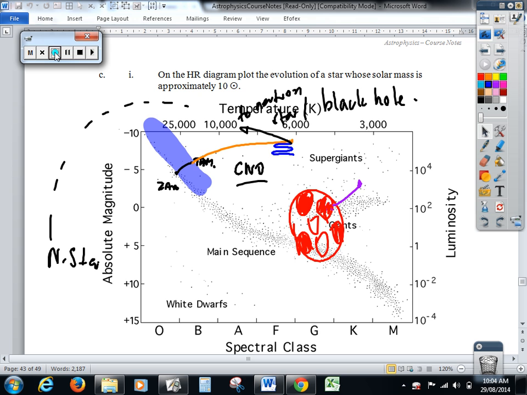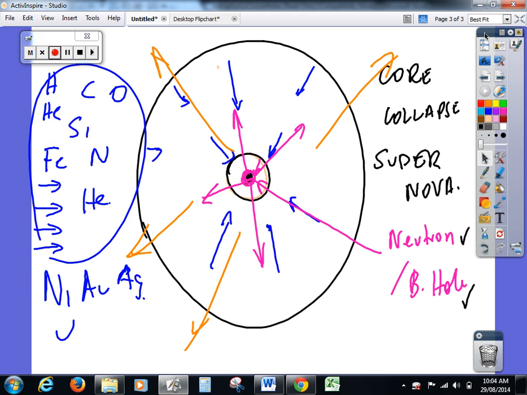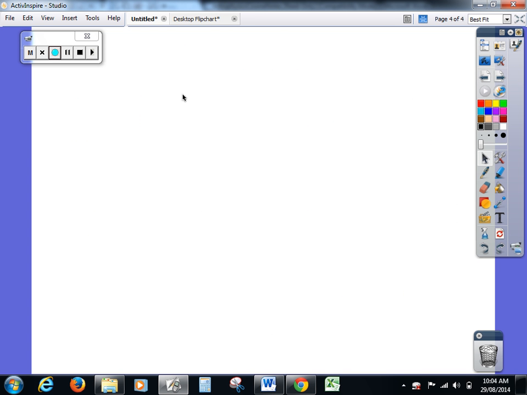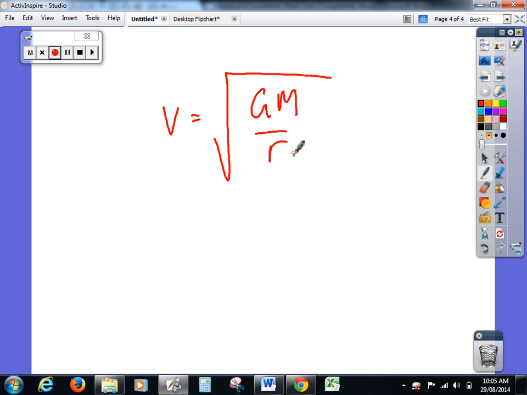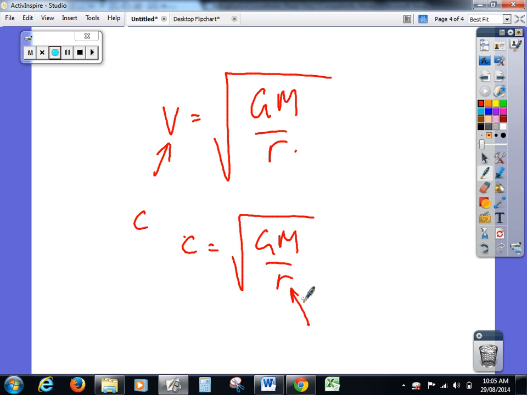If the centre of the star has a mass such that this equation is that V becomes C, the speed of light, so C becomes the square root of 2GM on R. So the radius of the final star is that, and the mass is that.